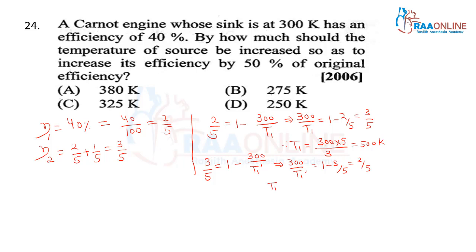So T1 dash is equal to 300 into 5 divided by 2, which means 150 into 5, so it is 750 Kelvin. So what is the change? You should increase the temperature of the source by 750 minus 500, which means 250 Kelvin. So we are going with option D.